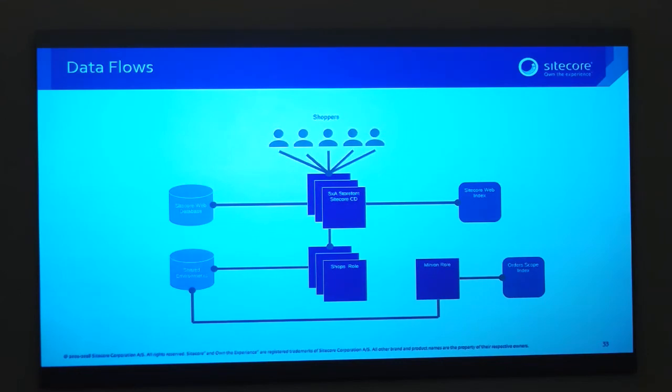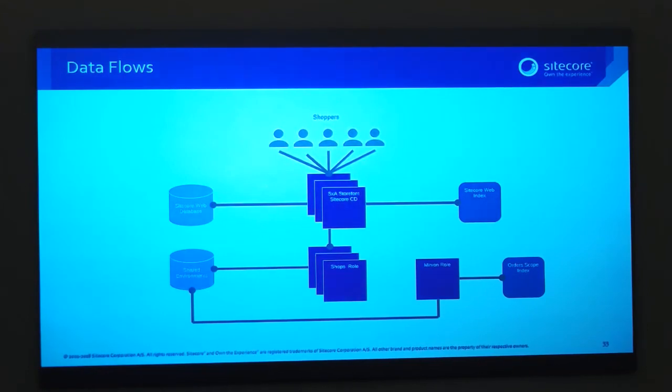Then we have the commerce data provider, which communicates with the shop role. We have spoken about the different roles: the four roles, DevOps role, shop role, minion role, and everything. But here on the front-end side, the shop role is important. From the CD environment, the commerce data provider will start communicating with the shop role.